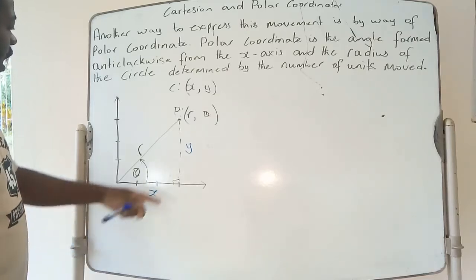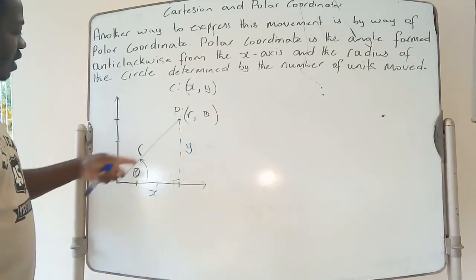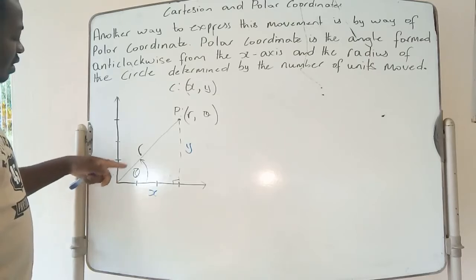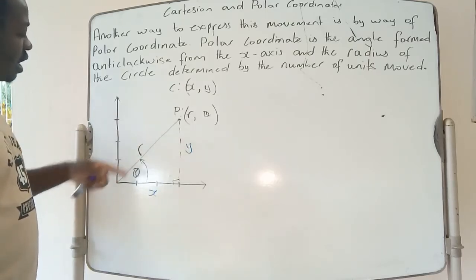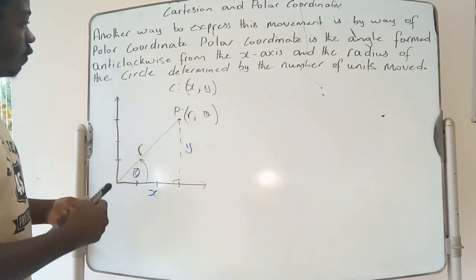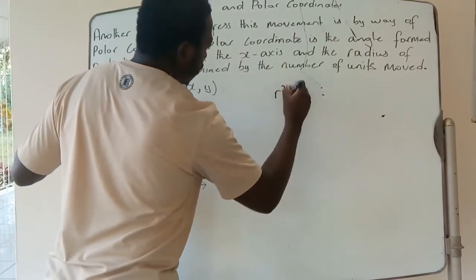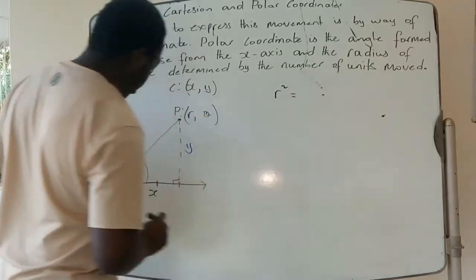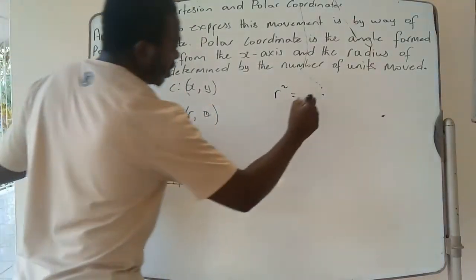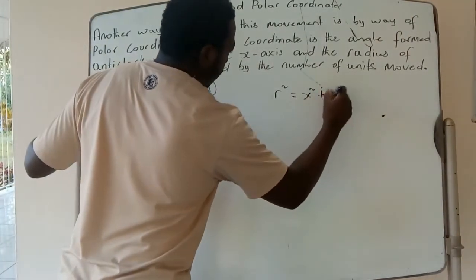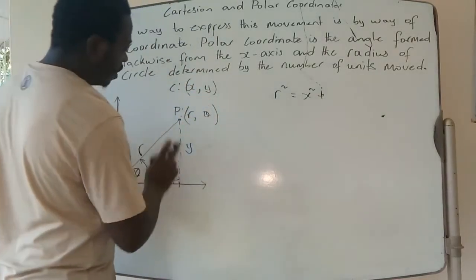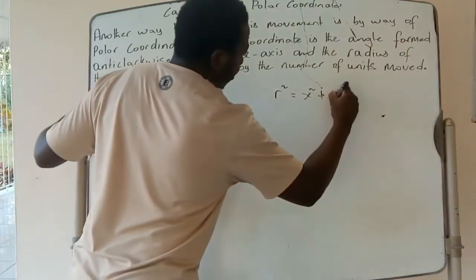Now, if we apply Pythagoras' theorem to this right angle triangle, we would have realized that r here is the hypotenuse. So therefore, we could say that one relationship is that r squared is equal to the distance x, which is x squared, plus this distance here, which is y squared.